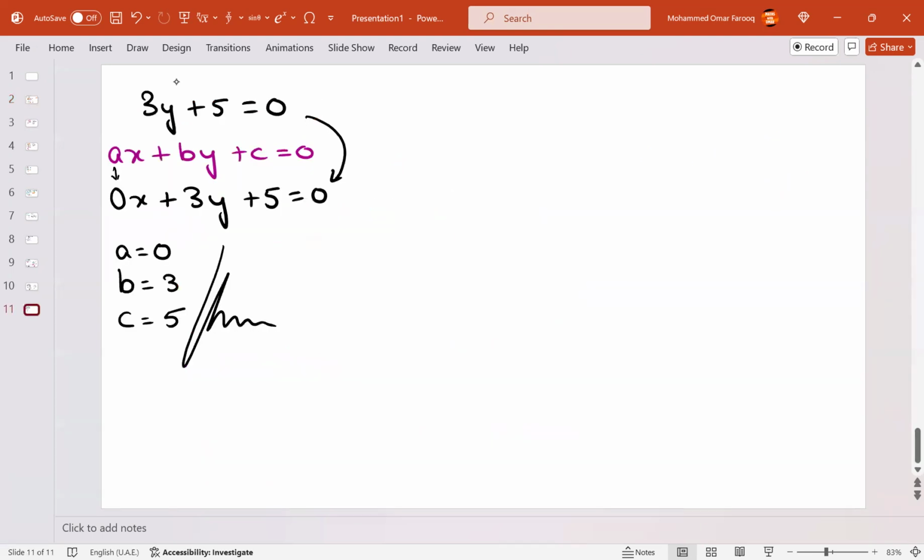So by definition, even if we write the given equation in the form of 0x plus 3y plus 5 is equal to 0, it is not a linear equation in two variables. Got it? Okay. So why are we doing this, sir?